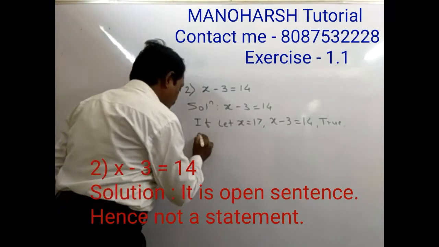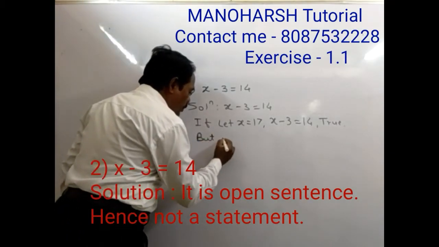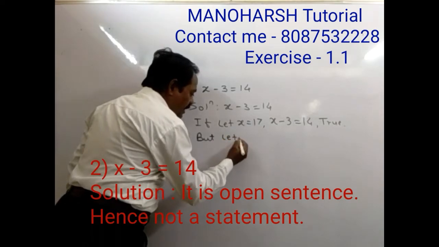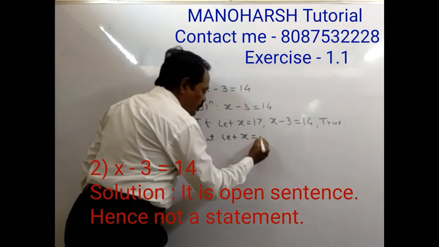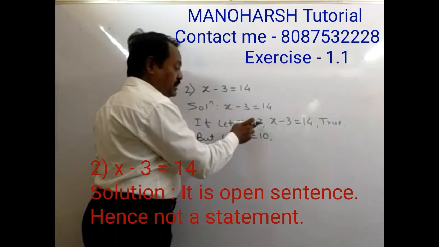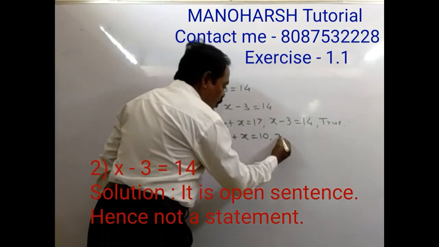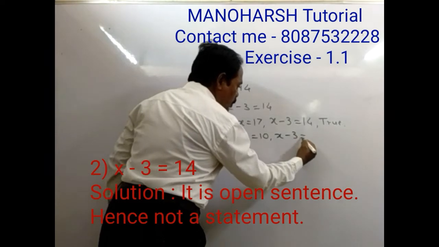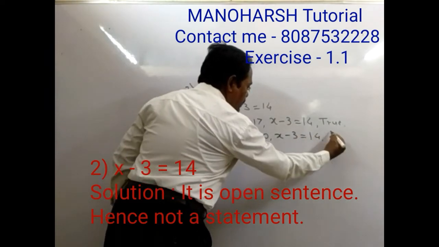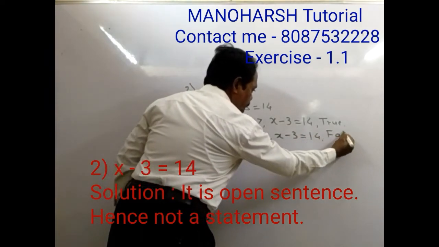But if you take x is equal to 10, a value of x other than 17, then x minus 3 is equal to 14 is completely false.